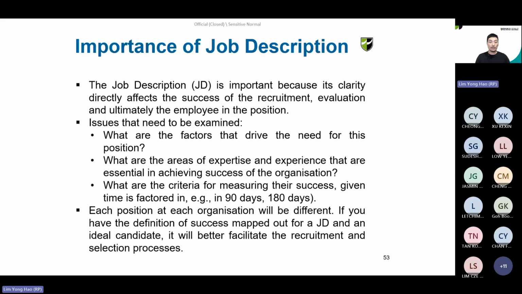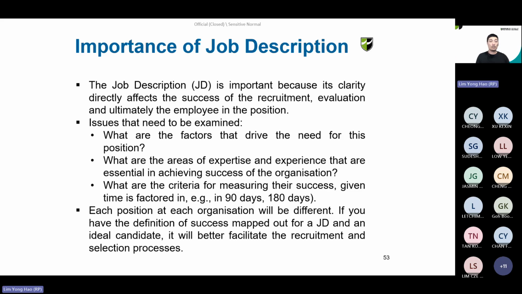I already mentioned, actually we talked quite extensively about job description, and it's important. If you have a clear one, then it's good. It makes a lot of things easier in terms of recruitment and evaluation, how you can develop an employee within the position, and look at training and development.